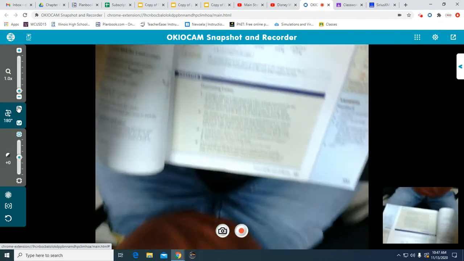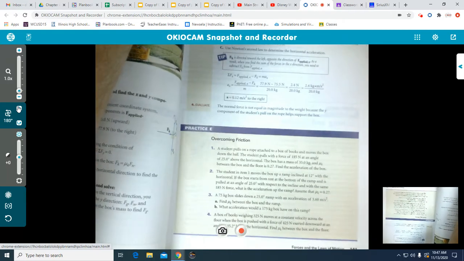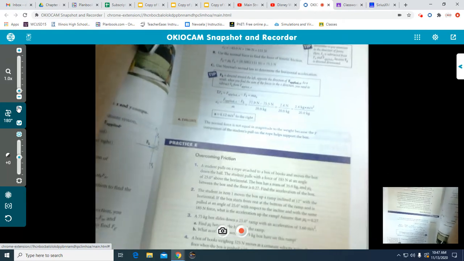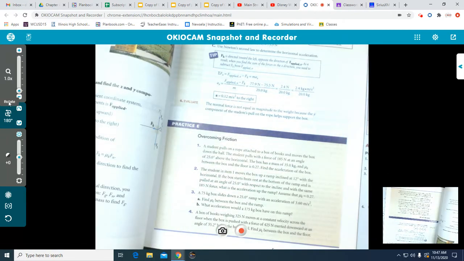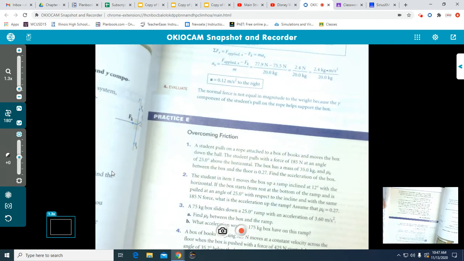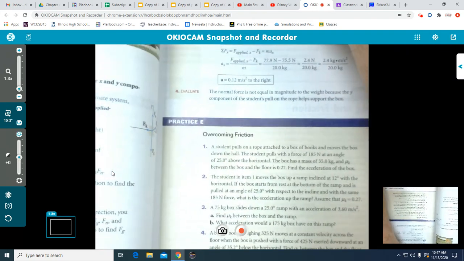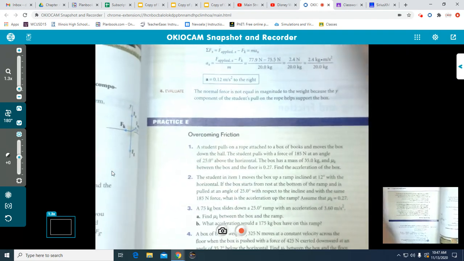Page 141. We're going to zoom in here to number 1 and rotate this. Okay. So a student pulls on a rope attached to a box of books, and moves the box down the hall.